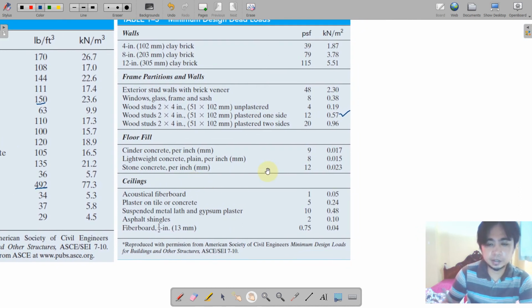Here it is, 1.87 for 4 inches clay brick and 13 mm fiberboard.